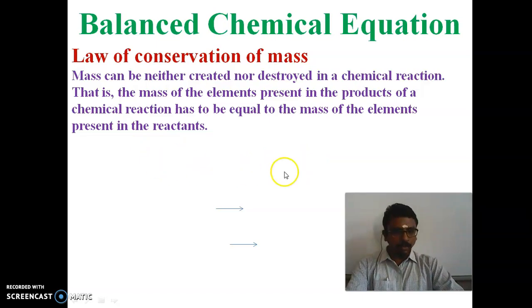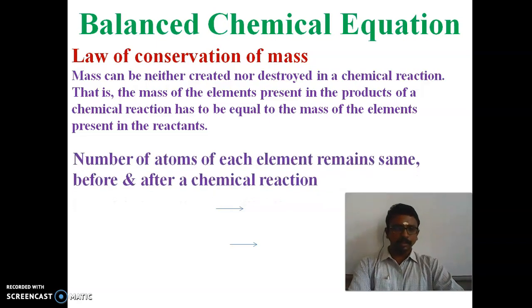That indicates a balanced chemical equation. We will discuss it with one example also. That means the number of atoms of each element remains the same before and after a chemical reaction.